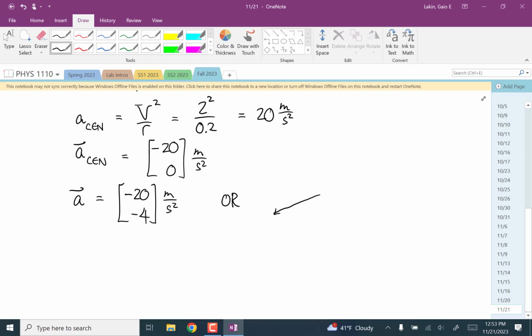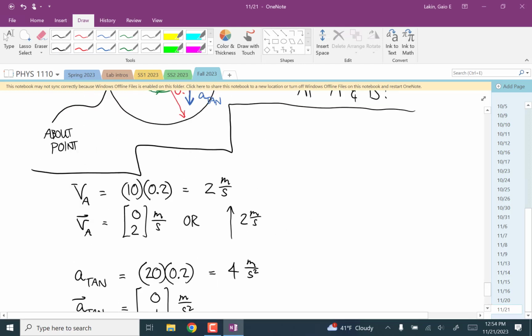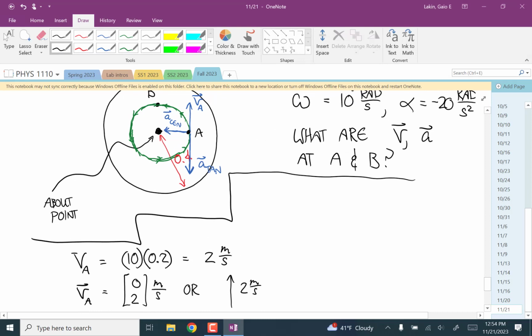I don't know. Anyone have a calculator? What's the square root of 416? Oh, yeah, so 20.39 meters per second squared, sort of in that direction, if you want to visualize it. Okay, that is the velocity and acceleration vector of this point A.